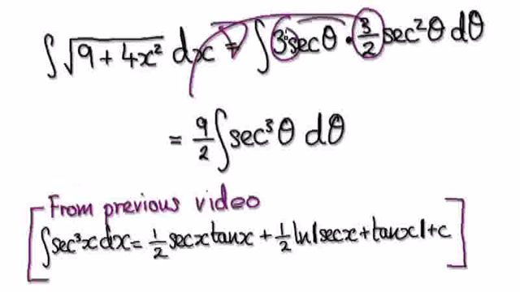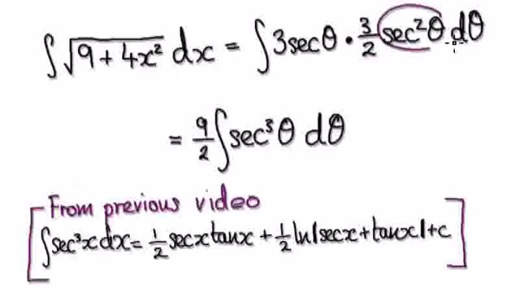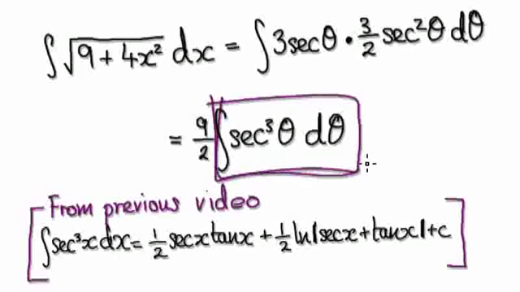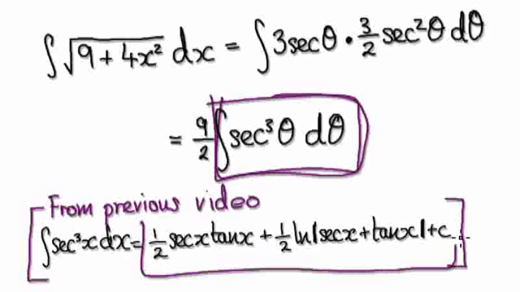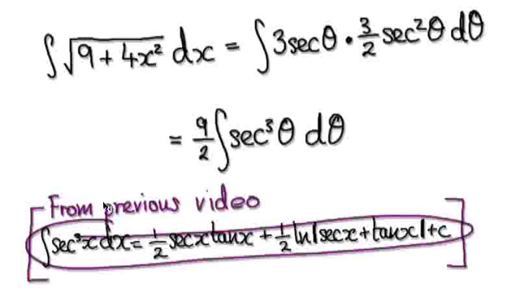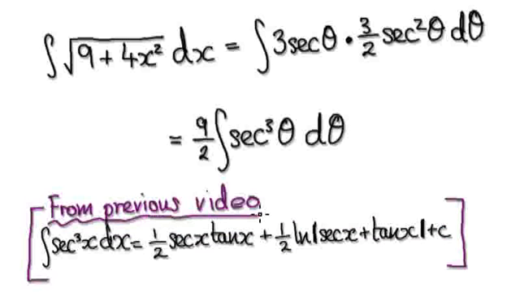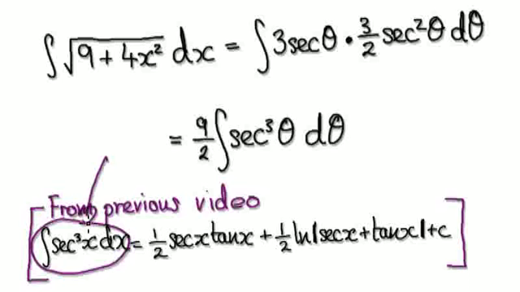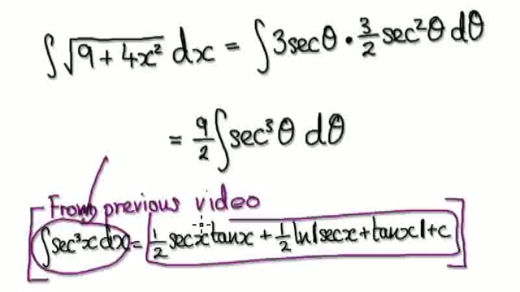Take it out, and then you've got secant times secant squared. That will give you secant to the power of 3. Now it's just a matter of integrating this. Integrating this will be this, because we've done this in the previous video.